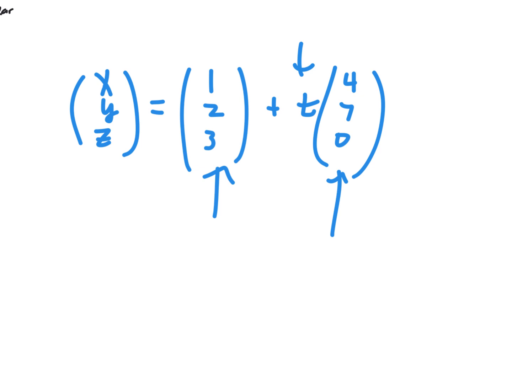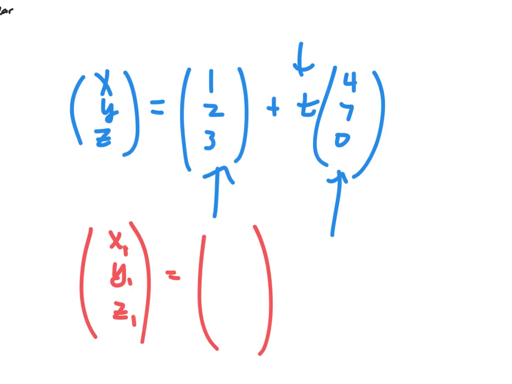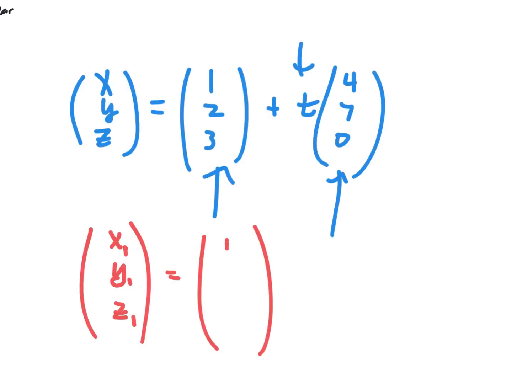Okay. Now, here's another equation. x1, y1, and z1, and I'm going to have it start at 4, 9, 3. And I'm going to use a different thing.